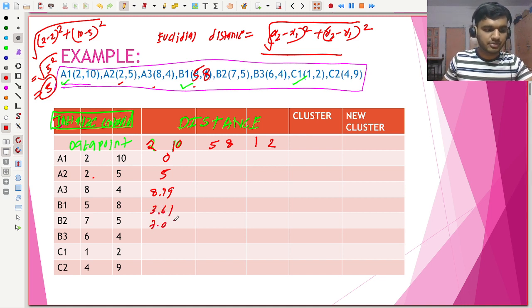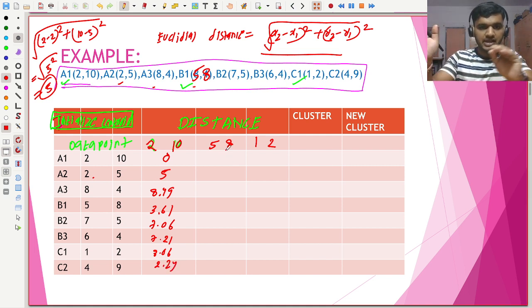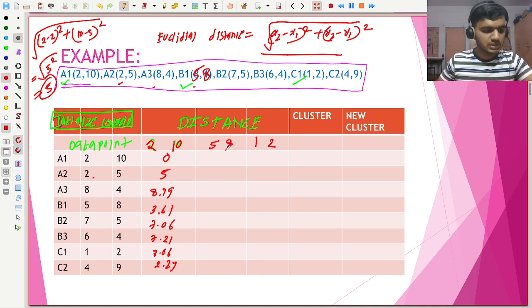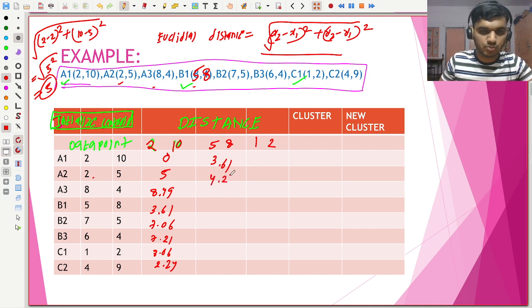So here 7.06, 7.21, 8.06 and 2.24. You calculate and match your answer with this. Then 5.8, 3.61, 4.24 and 5.0.